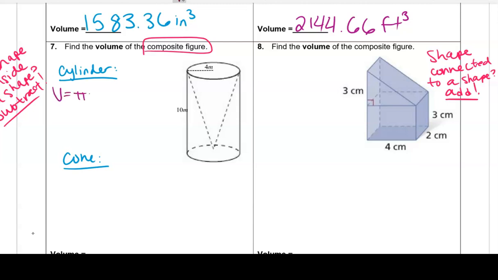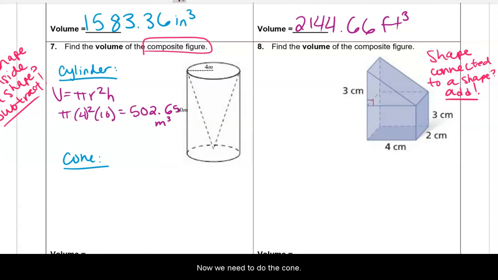Volume pi r squared h, where r is 4 and h is 10. Pi 4 squared 10. That gives us 502.65 meters cubed, right?